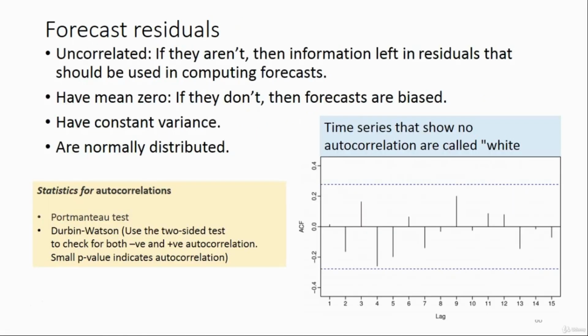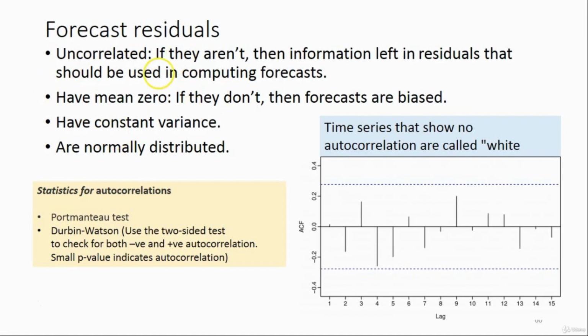Once you have got the residual, then we'll do the residual analysis. I hope you recollect that when you built the regression, we had done the residual analysis for the regression model as well. Here are a few characteristics of residuals. Uncorrelated: it means that it should be fully random, and there should not be any trend or shape left.